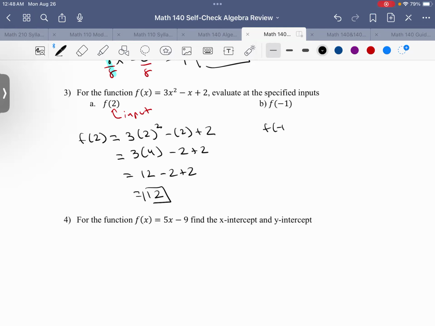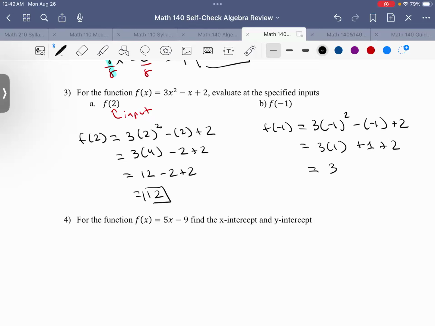So same thing, I'm going to plug in -1 wherever there is an x. So it's a little different now with the negatives, just remember to keep track of them. So -1 squared, that's just 1. -1 times -1, that's just +1, plus 2.